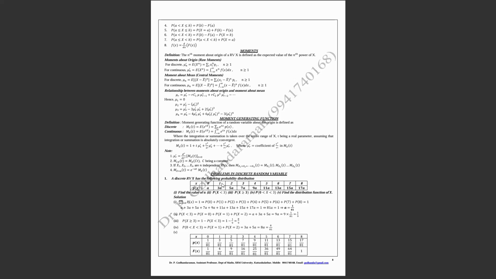If x is equal to 1, P of x is equal to 3a. If x is equal to 2, P of x is equal to 5a, etc., up to x equal to 8, P of x is equal to 17a. So this is the given random variable. And the question is: find the value of a, P of x less than 3, P of x greater than or equal to 3, P of 0 less than x less than 3, and find the distribution function of x.